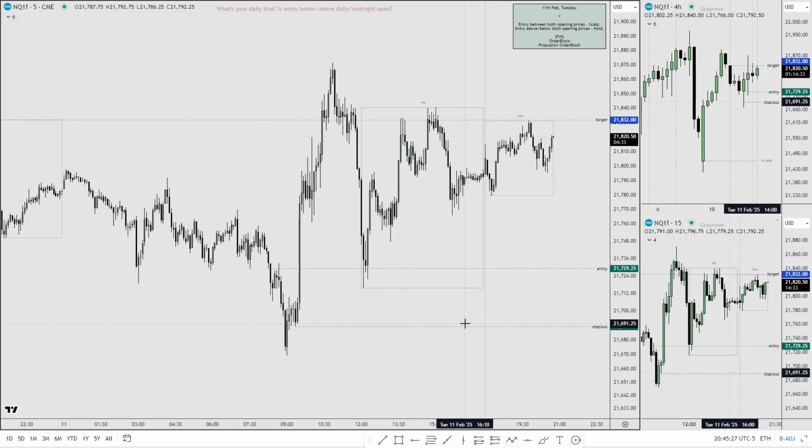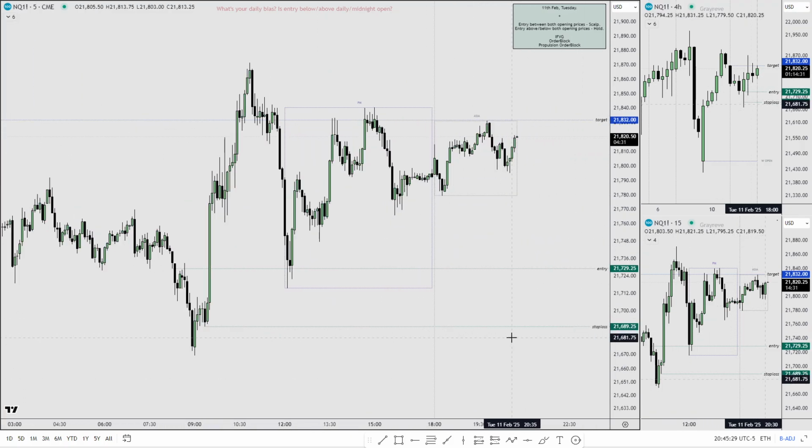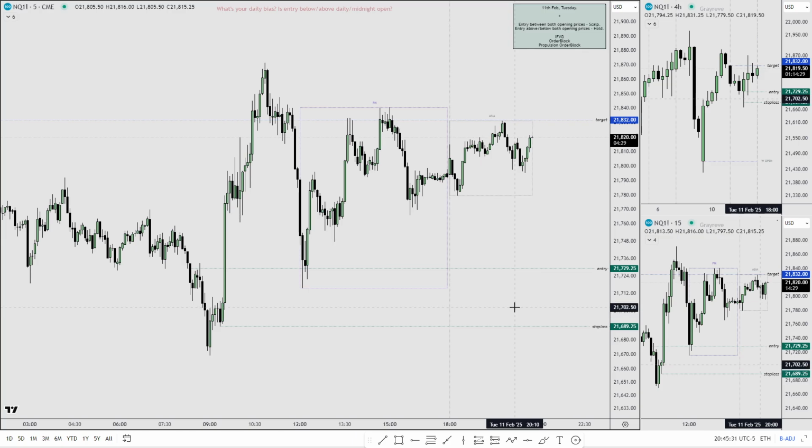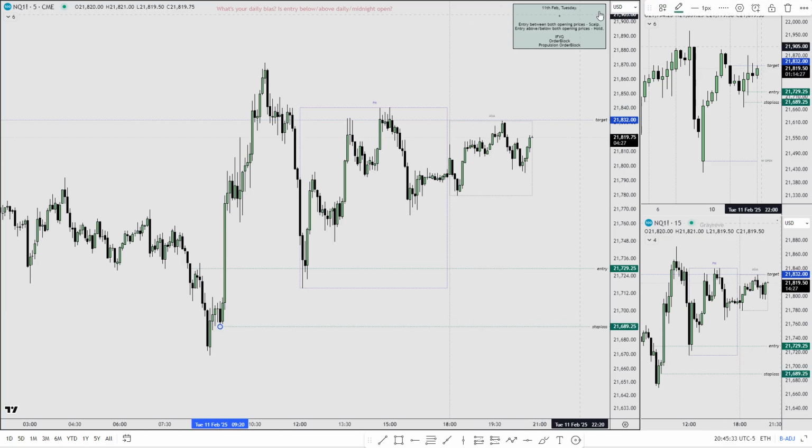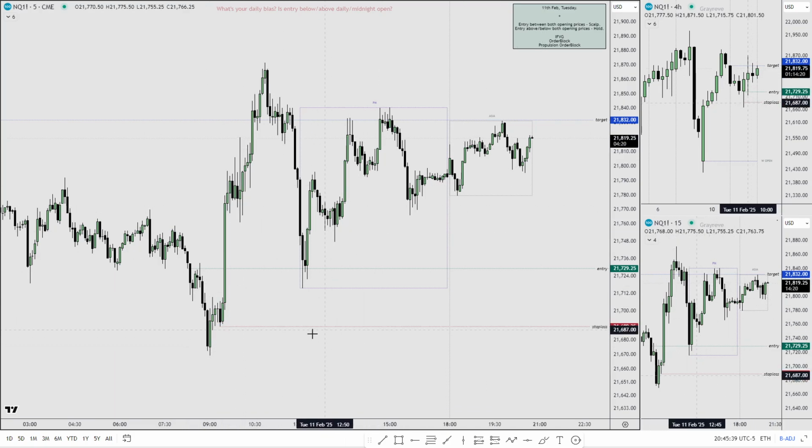Okay, let me just do this. So you would be able to see the entry and the stop loss before the live stream ends, because I waited the entire AM session for this entry.